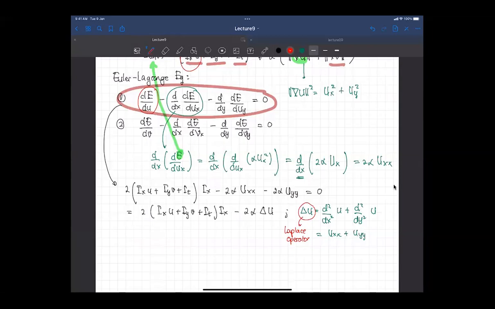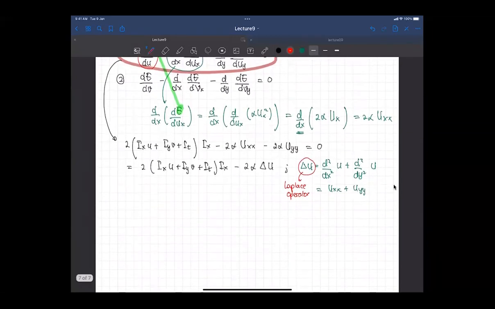Okay, so if you look at the whole operation here, if you combine 1 and 2: number 1, 2 (Ix u plus Iy v plus It) Ix minus 2 alpha delta u equals 0.